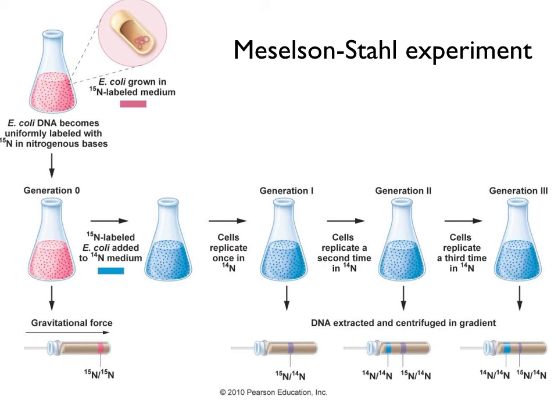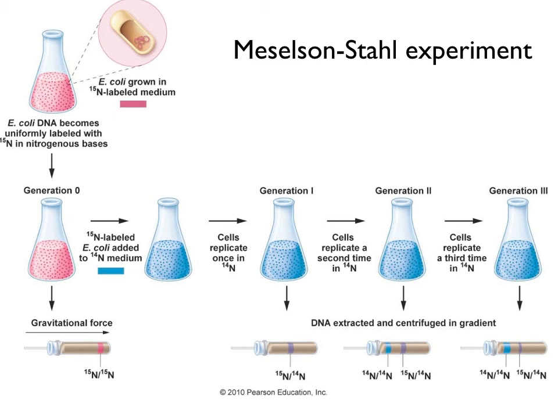But what's in that tube is kind of a thick matrix, kind of think like a sponge or a jelly. And so not everything that you put in there is going to spin through to the bottom. It has to be kind of heavy to push all the way through to the bottom. The lighter it is, the less it's going to move from the top of the tube to the bottom. And so you can see the gravitational force direction indicated by that arrow.